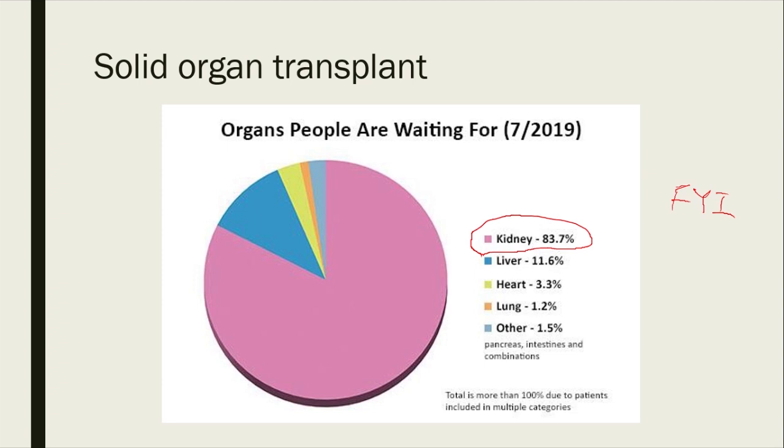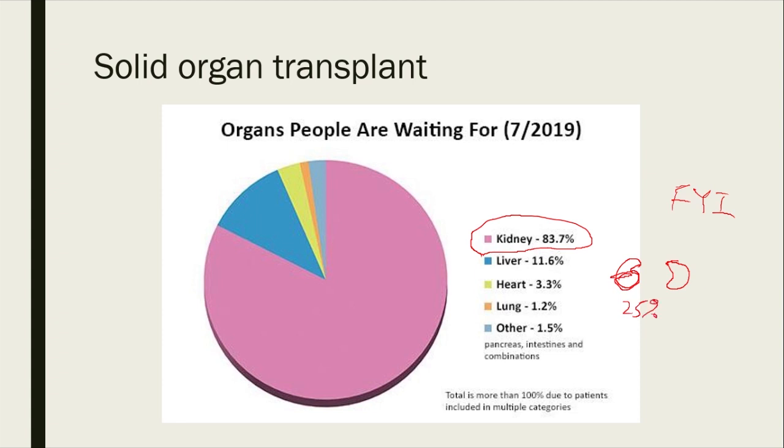The interesting part about the kidney is that any person has two kidneys, and the minimum function you need to maintain good homeostasis is really about a quarter of a kidney, about 25%.